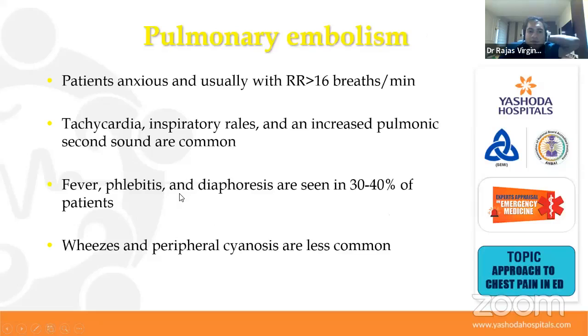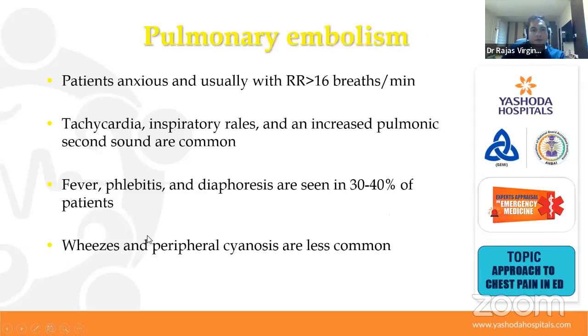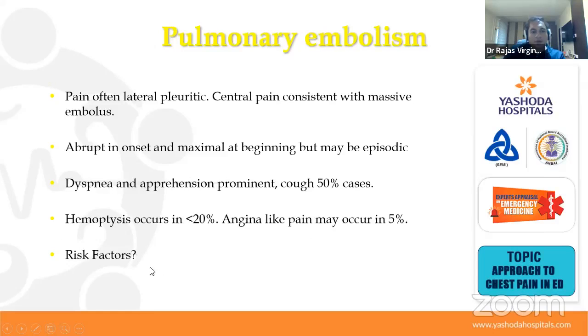So what are the risk factors that you would see? Again, we went through some of the risk factors earlier, where we talked about prolonged immobilization, hormone therapy, cancer, pregnancy, surgery, and limb trauma.